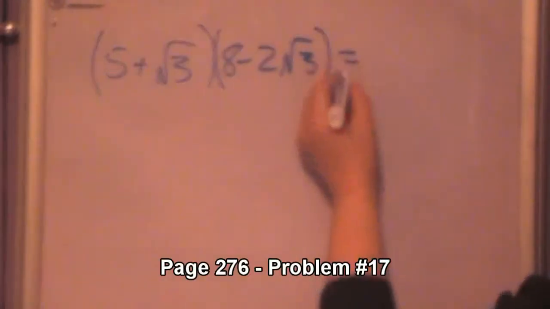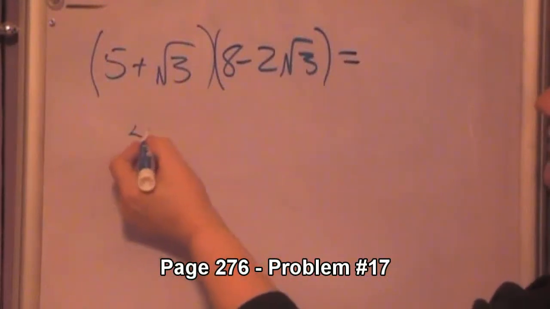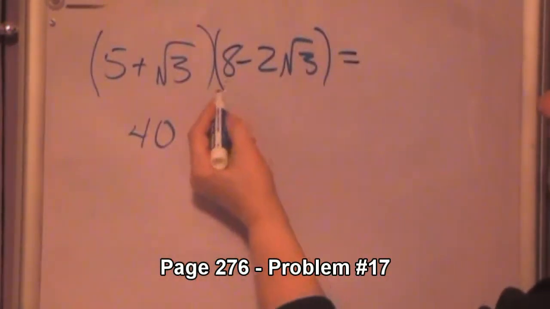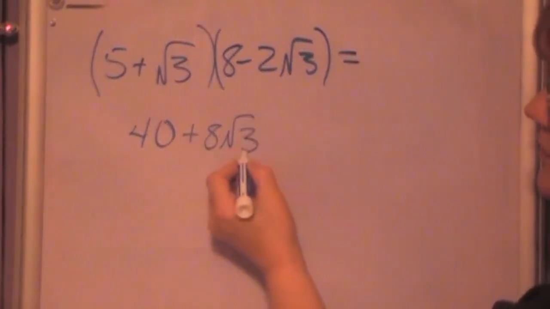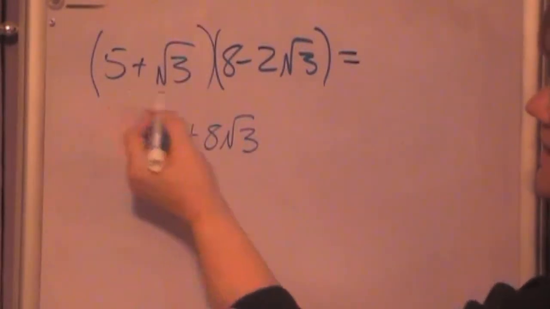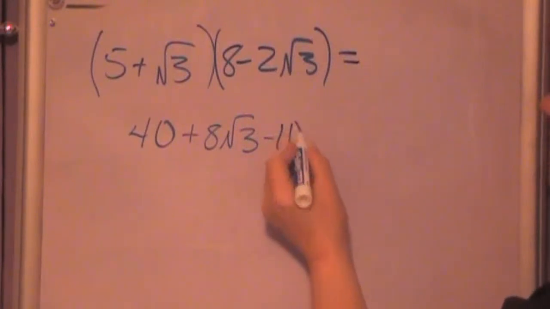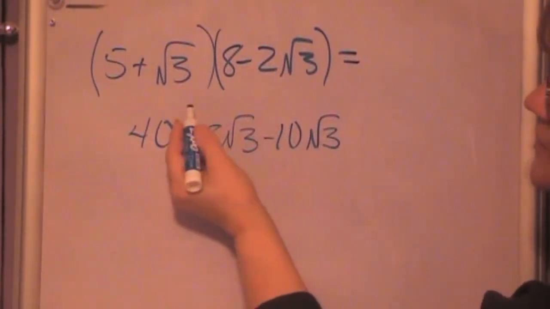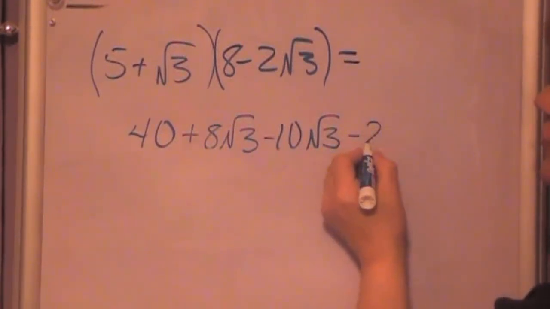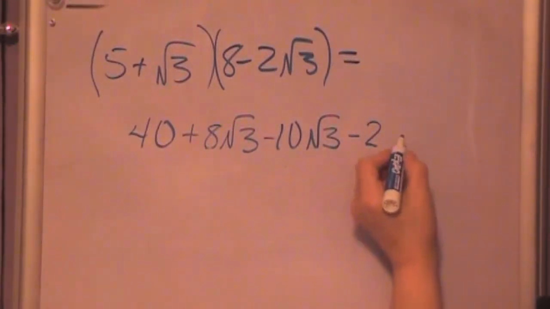Again, the product of the first is 5 times 8 is 40. You're going to have 8 root 3 minus 10 root 3, and the product of your last terms is minus 2 times root 9.